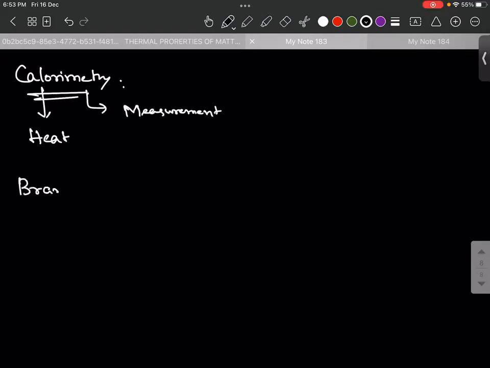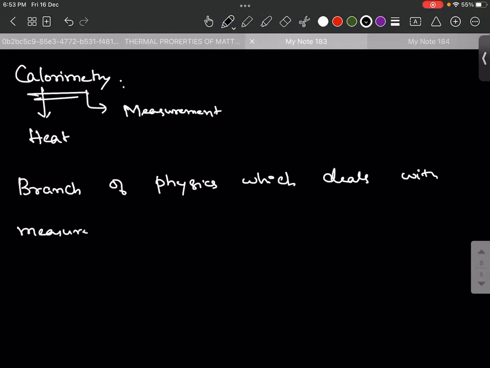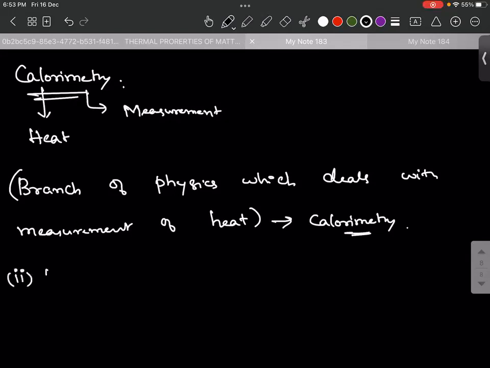So if we talk about a branch of physics which deals with the measurement of heat, then we call that branch calorimetry.